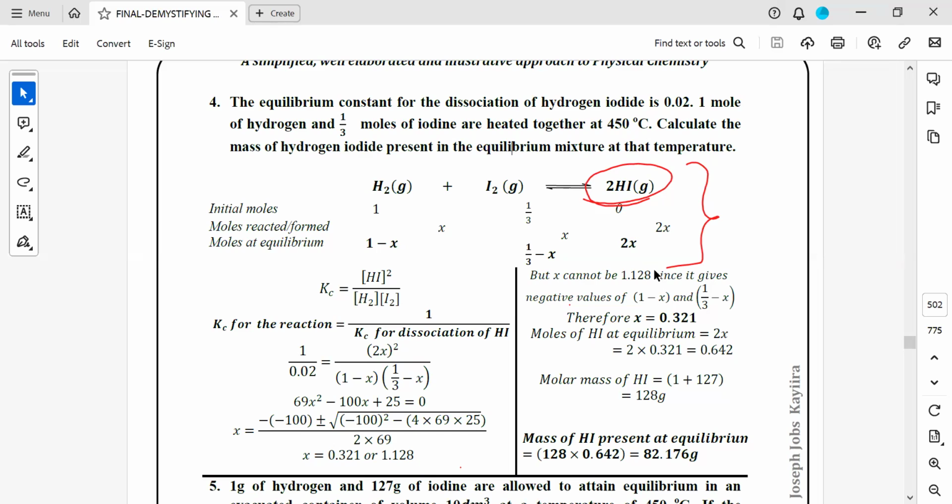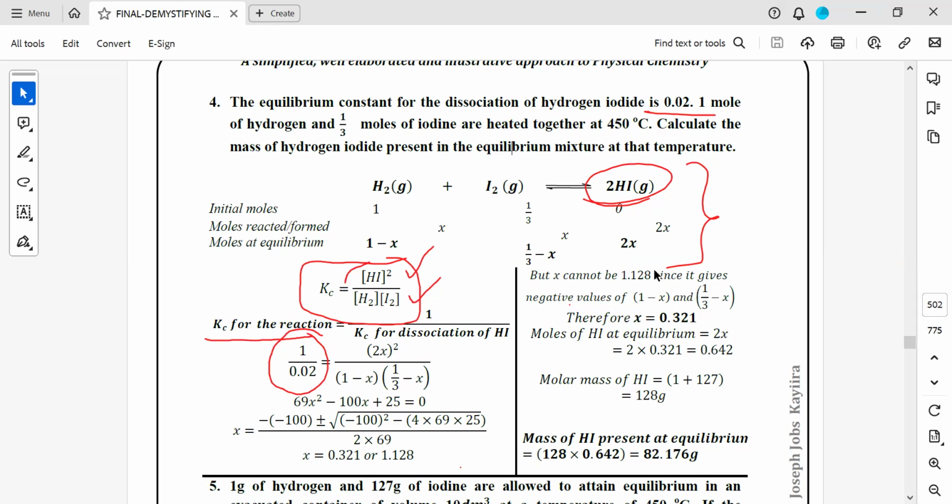But you notice that we carried our Kc, which is this one here, because we are forming hydrogen iodide, which is our product, and then the reactants. But then we also can find Kc by saying Kc over reactant is 1 over Kc for the dissociation of hydrogen iodide. So you will have 1 over the degree of dissociation that was given to us.